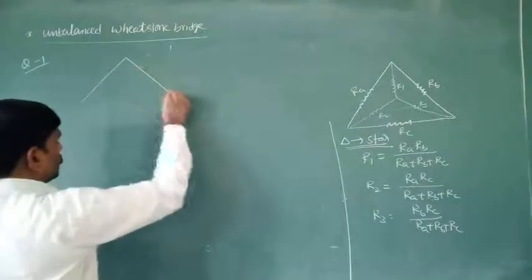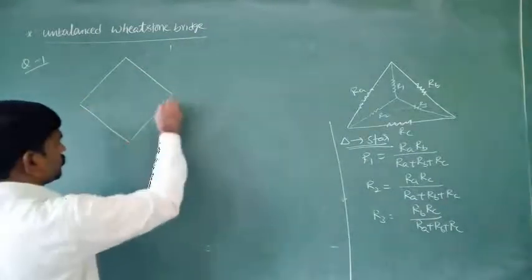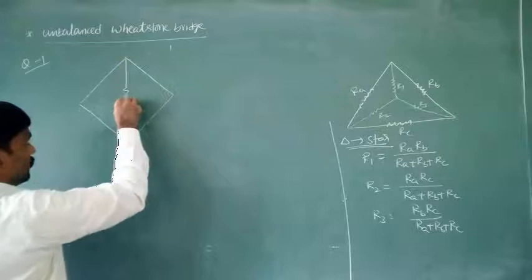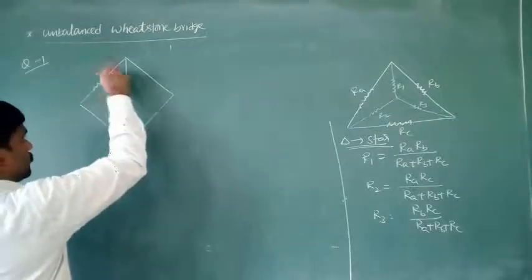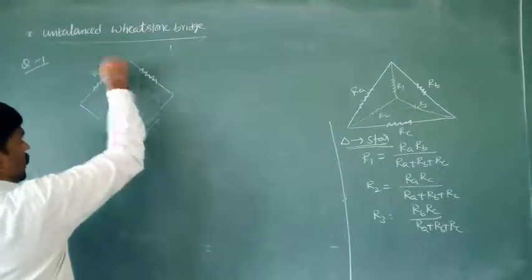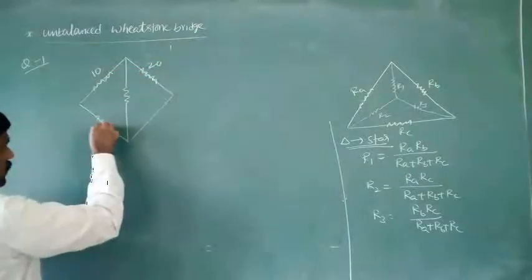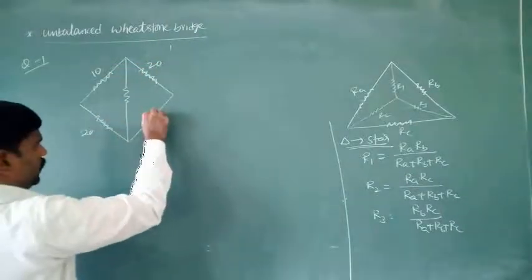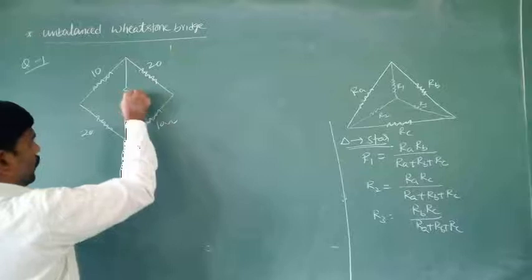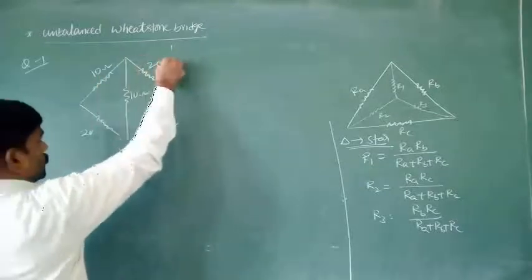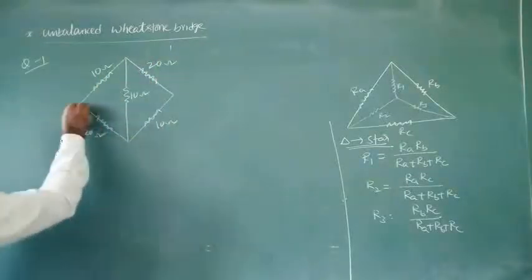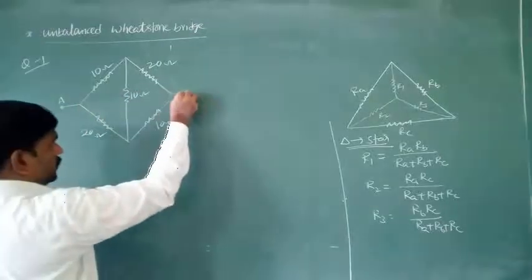Unbalanced bridge: this is 10 ohms, 20 ohms, this is 20 ohms and this one is 10 ohms, and the middle resistor is also 10 ohms. Find out the effective resistance across AB.